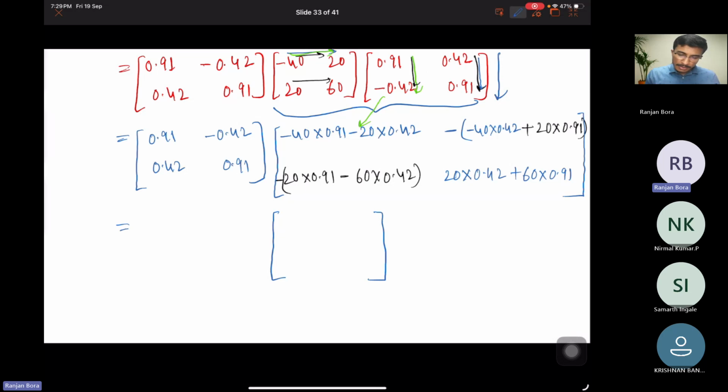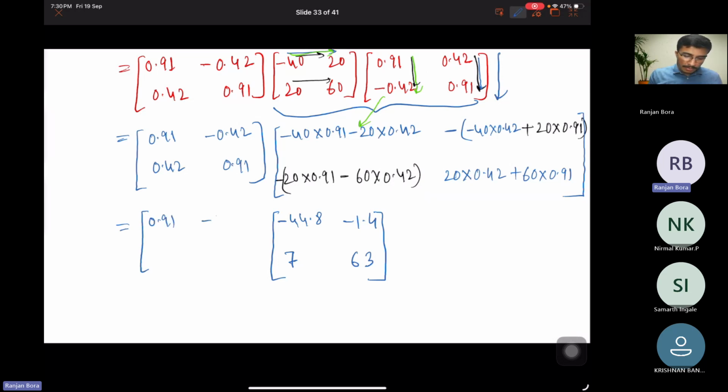Now I will find out this matrix. This is minus 44.8. Minus 1.4. Seven. 63.